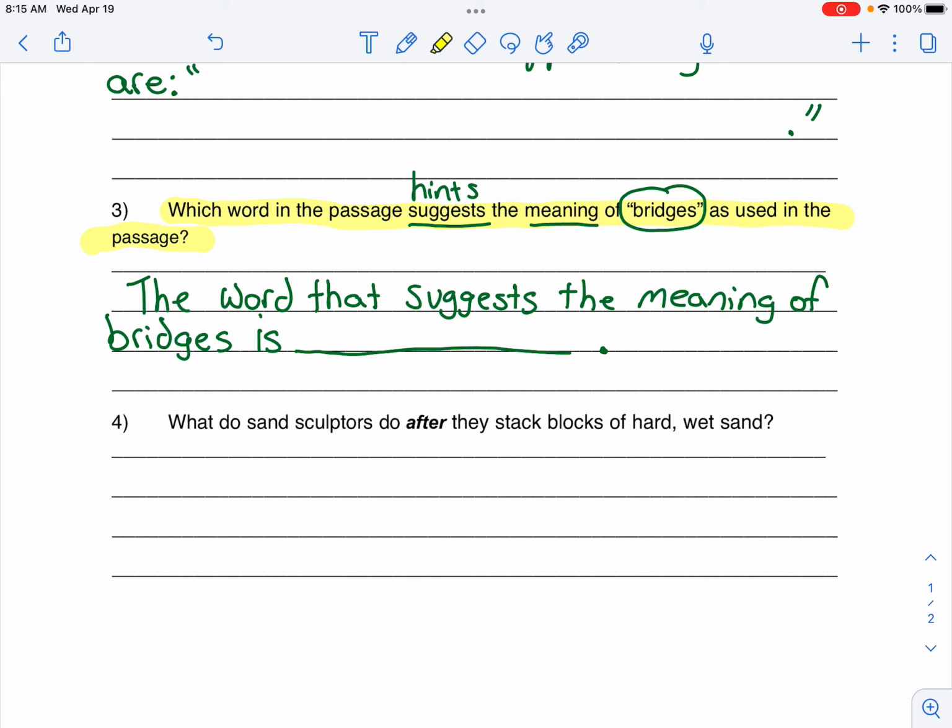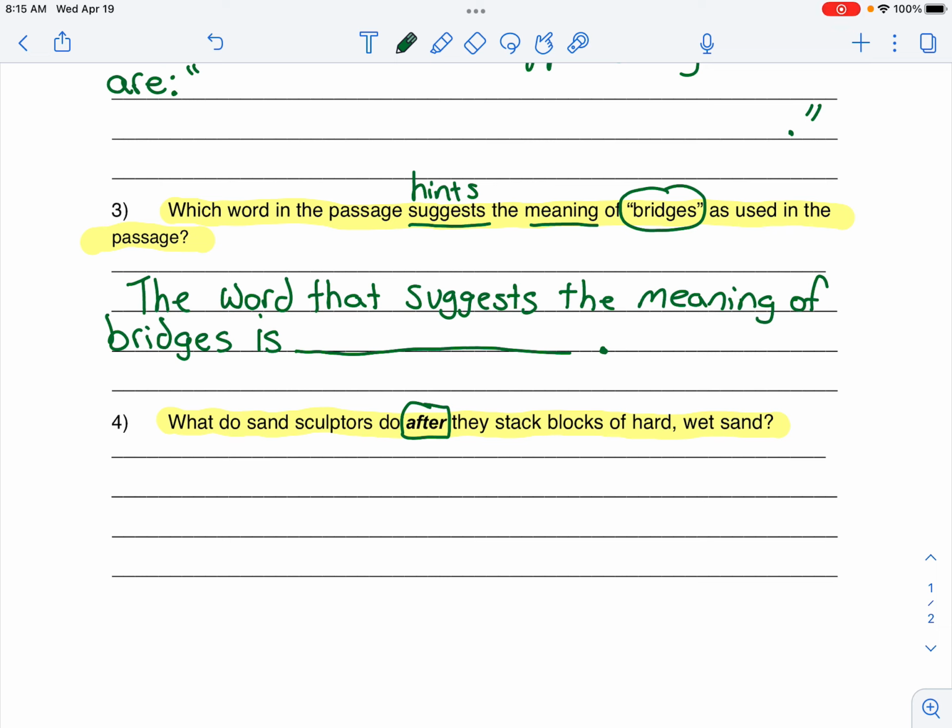Okay, let's look at the last question. Great job, boys and girls. All right, it says, what do sand sculptors do after they stack blocks of hard, wet sand? So notice after is in real bold writing. So we're going to put a box around it.